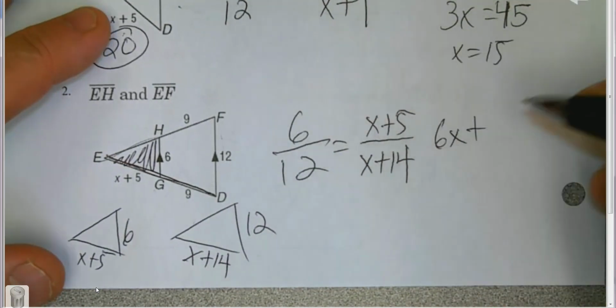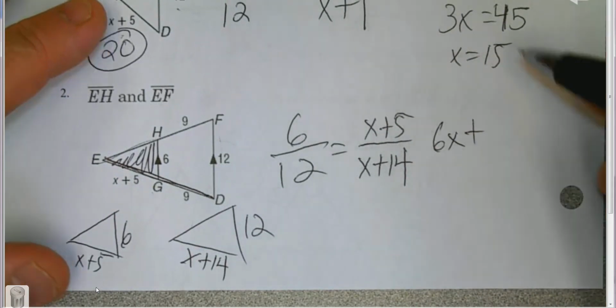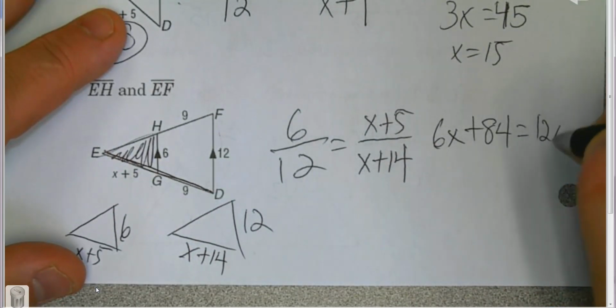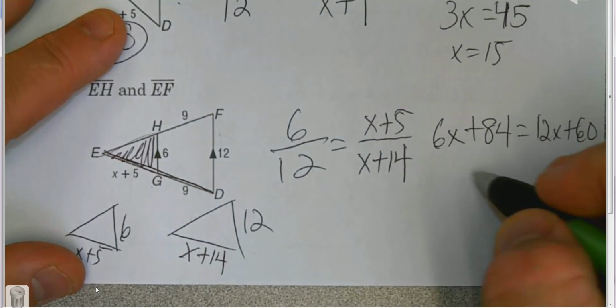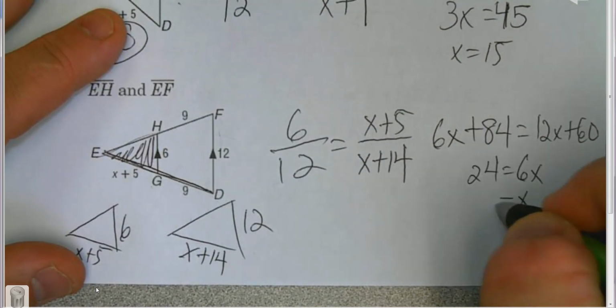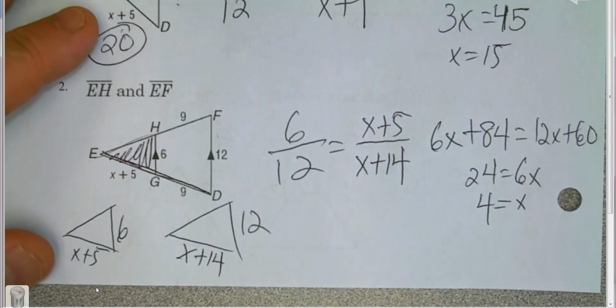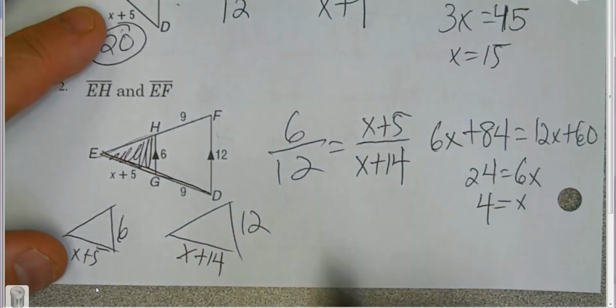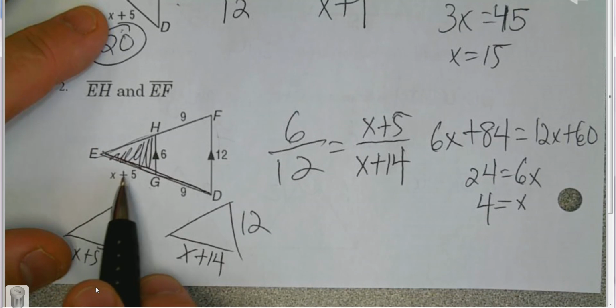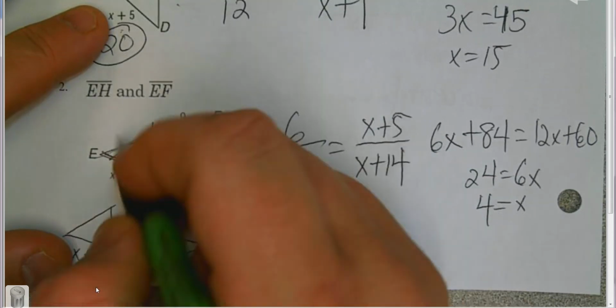6x plus 84 is equal to 12x plus 60. 24 is equal to 6x. x is equal to 4. And so we find that if x is equal to 4, 4 plus 5, that is 9.